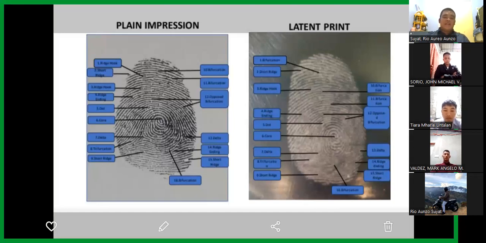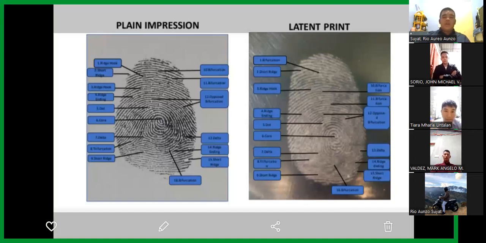What is transfer lifting tape? A transfer lifting tape is designed for lifting of fingerprints which are developed with fingerprint powder. What methods are employed in the development of latent prints, and how do they work? Developing latent prints is done via physical method, chemical method and fuming method.